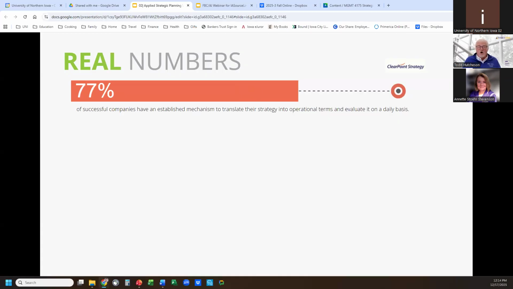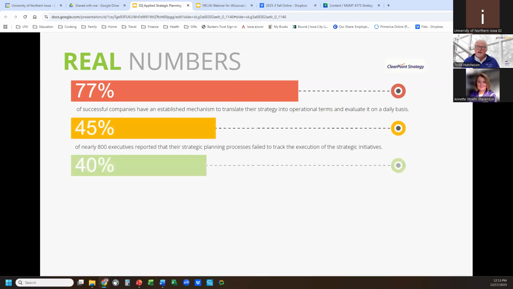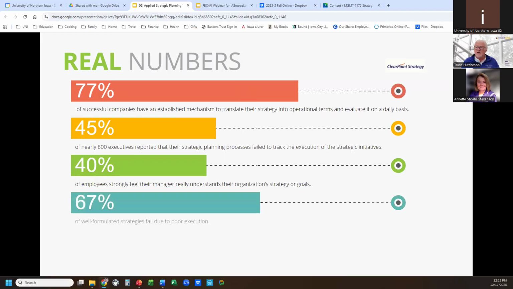So almost half don't feel like they were able to do a good job of tracking their execution. 40% of employees strongly feel their manager really understands. So that's a good thing. Could be a lot better though, right? 40%, less than half, but at least you're starting to see that impact.